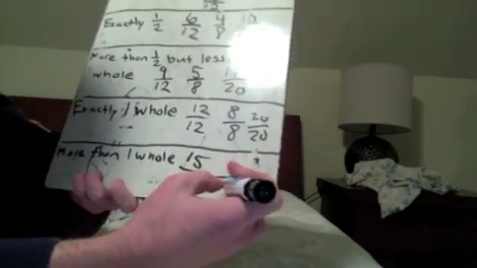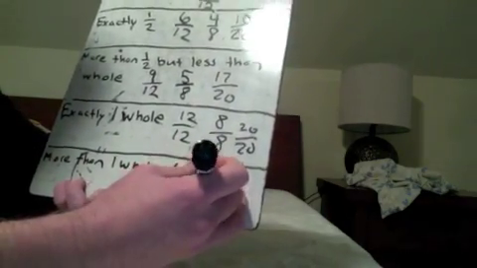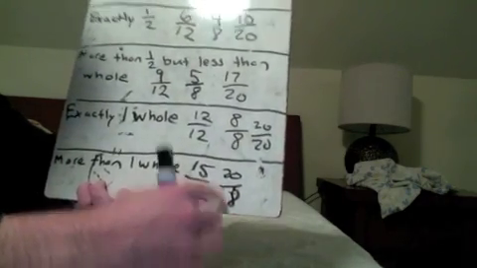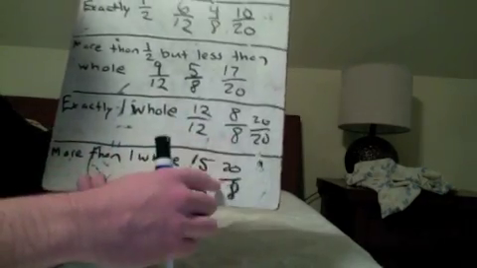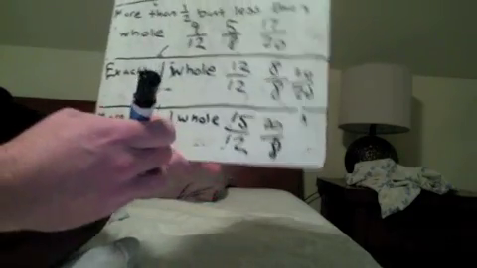If our pan is cut into 8, and you have, I don't know, let's say 20 brownies, and yours cut into pieces of 8, that means you have more than the full pan. 8 is the full pan. You've obviously got more than the full pan. And you might see it written like this with a whole number in front of it.